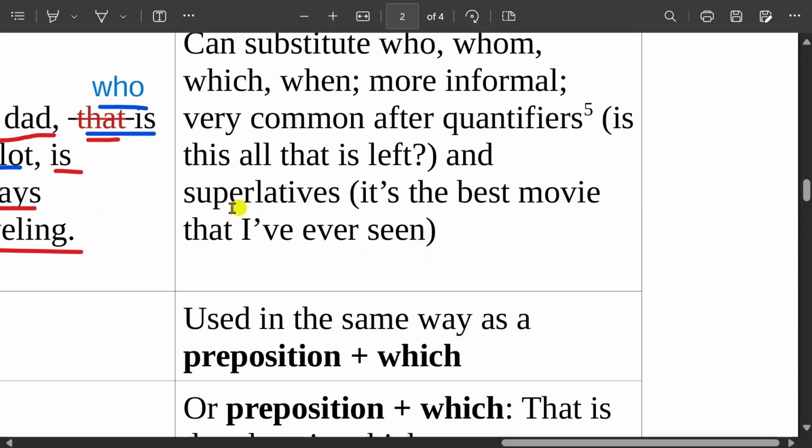Superlatives. Also, we use that with superlatives. Remember superlatives? What are superlatives? Remember adjectives, we have the normal adjective, for example, good. Then you have the comparative, better. And then you have the superlative, the best. So, it's the best movie that I've ever seen. You see?